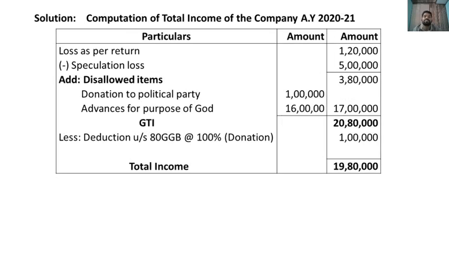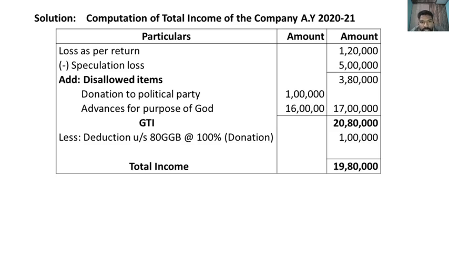See the solution. Computation of total income of the company for the assessment year 2020-21. Loss as per return is 1,20,000, and from that we should add back the speculation loss of 5 lakh. Because of this speculation loss, the entire business income comes to a loss. So after adding back the speculation loss, we get net profit of 3,80,000.